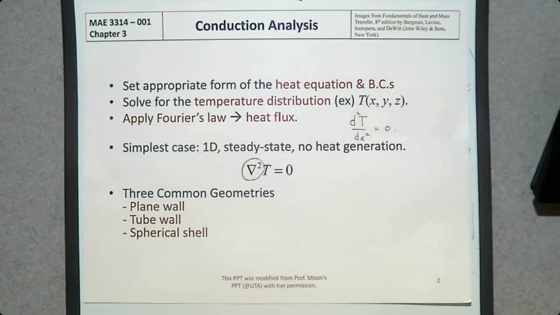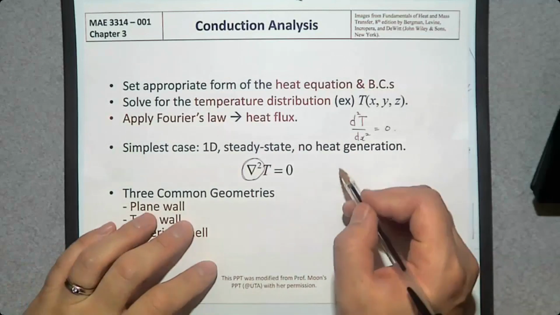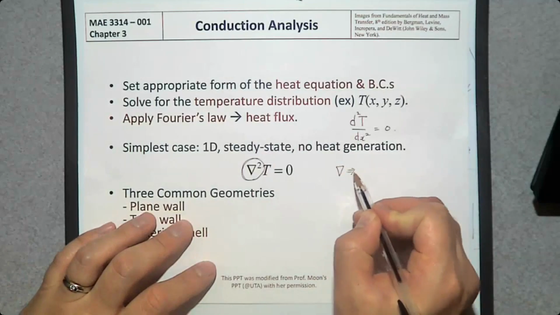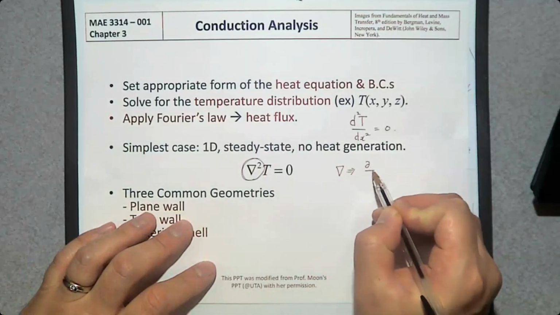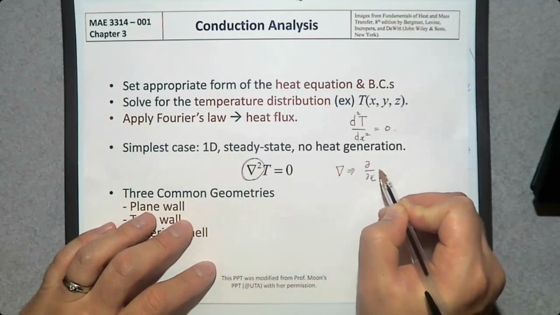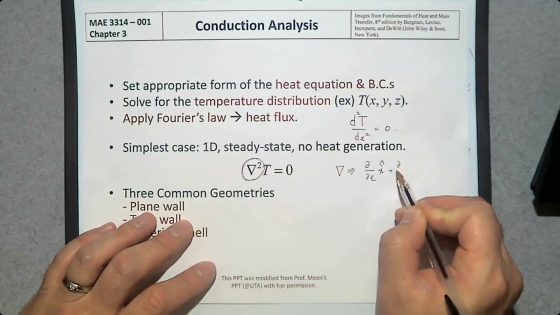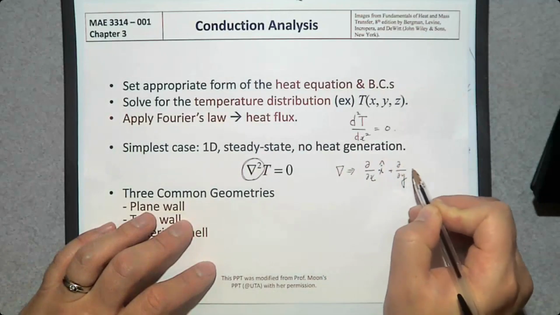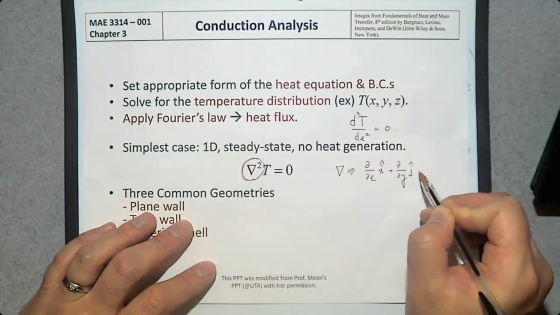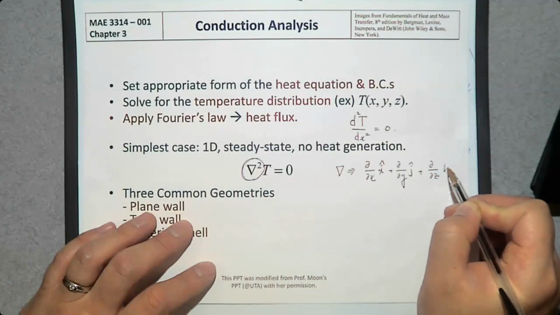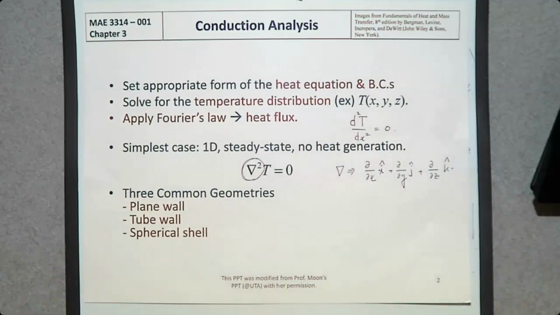As I told you, this upside down triangle means partial over partial x in the x direction, plus partial over partial y in the j direction, plus partial over partial z in the z direction. Each of them.